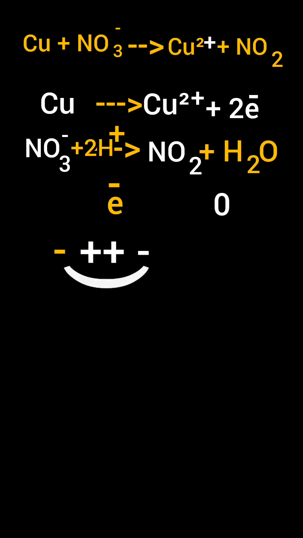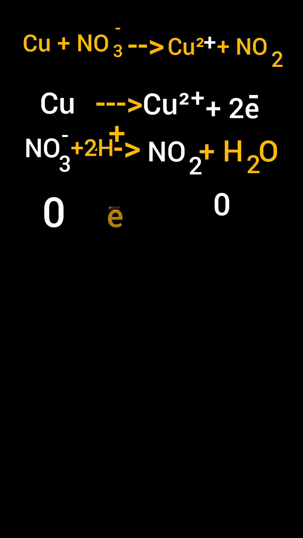So there are 2 negative charges and 2 positive charges that cancel each other, and the charge on the left hand side becomes neutral. Now both these equations have been balanced electronically and in terms of atoms.